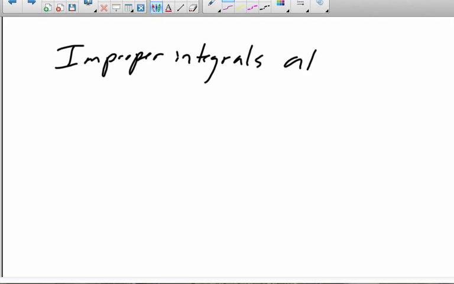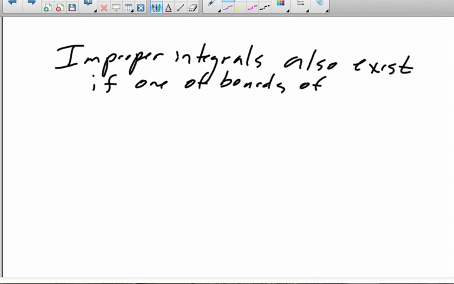Okay, now improper integrals also exist if one of the bounds of integration is plus or minus infinity.